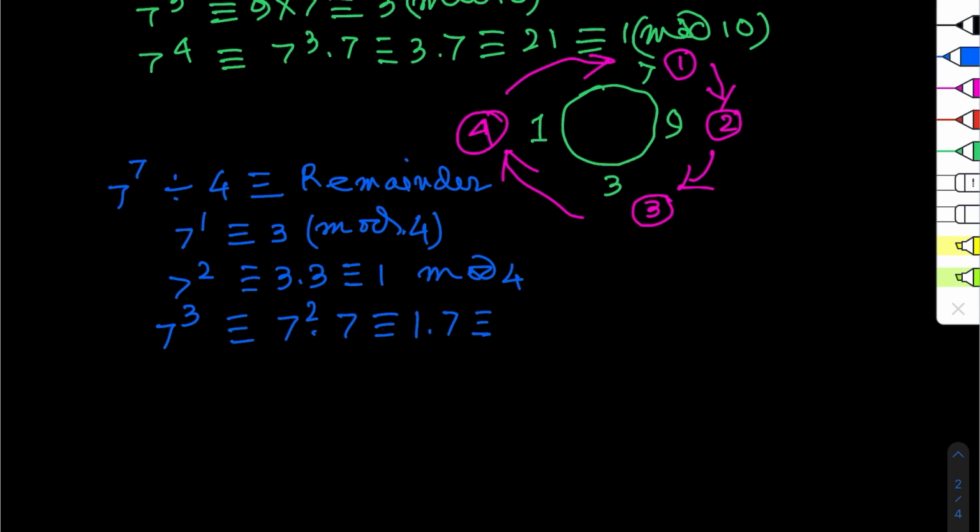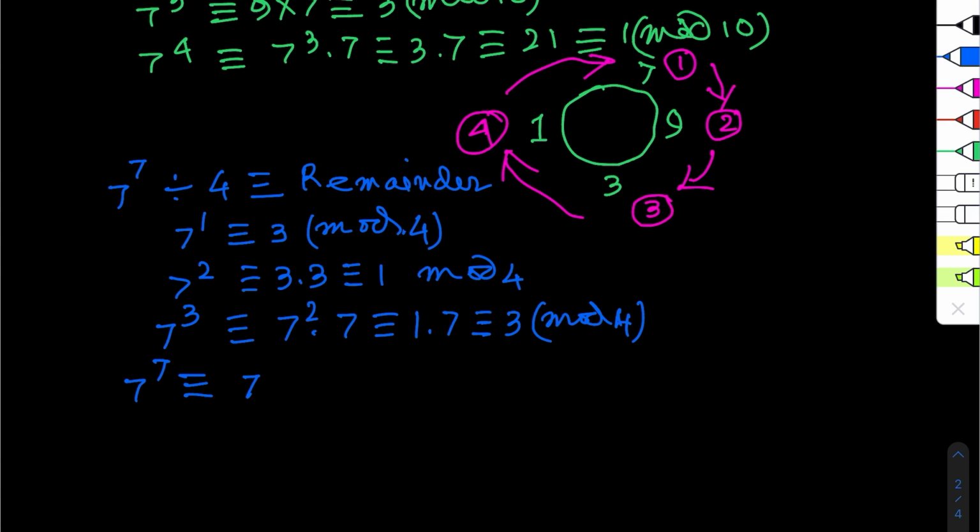So it will give the remainder 3, because when 7 is divided by 4, it gives the remainder 3. So 3. And now we have to find out 7 to the power 7.